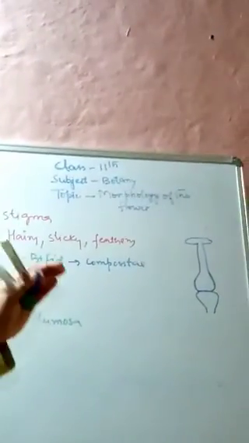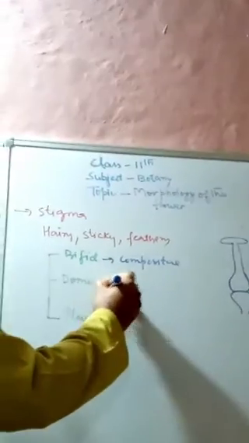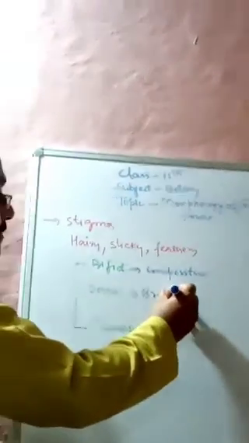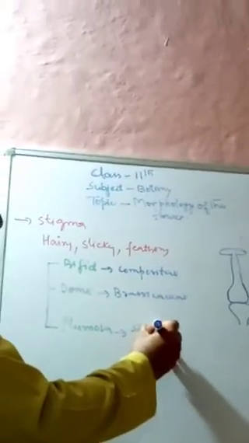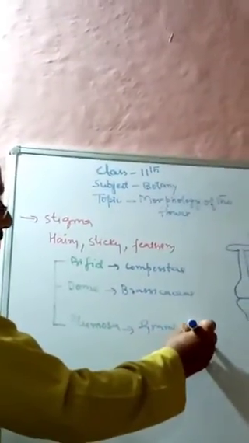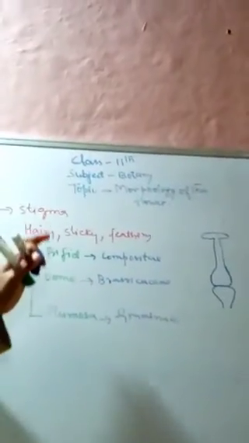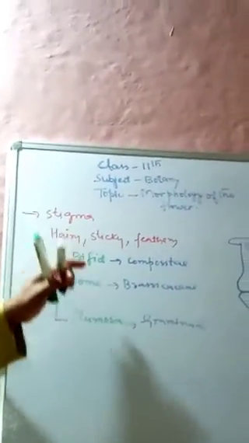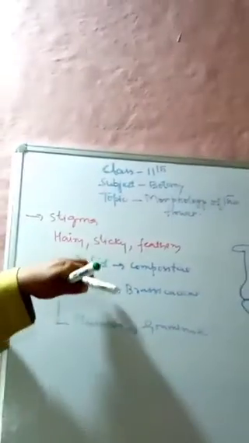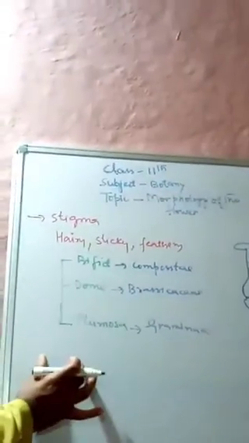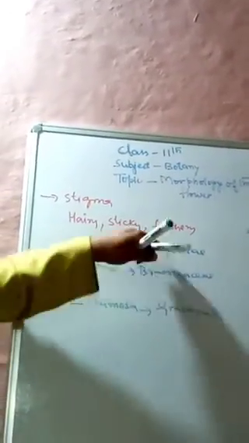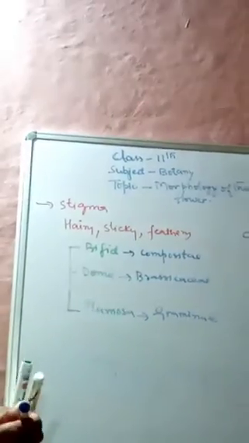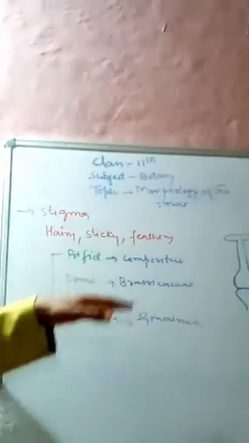Dome shaped is of the family Brassicaceae, and plumose is of the Graminae. So these are the various types of stigma, how they look like. They may be bifid into two parts, dome shaped like this, or plumose type, characteristic of these three families: Compositae, Brassicaceae, and Graminae.